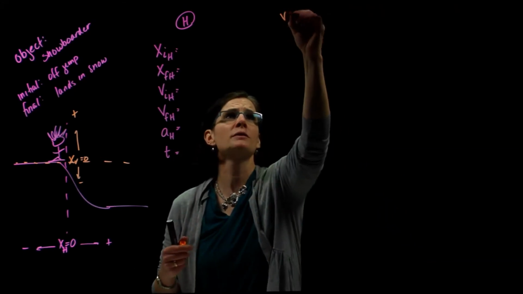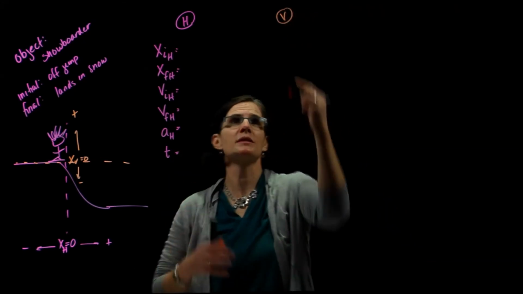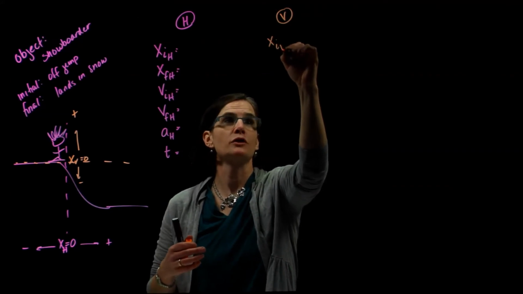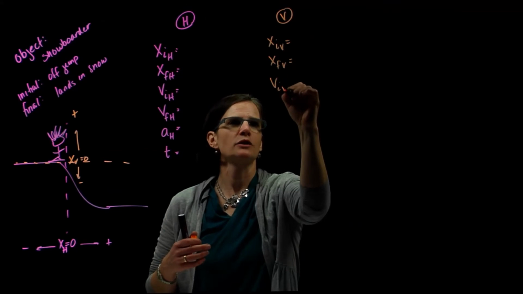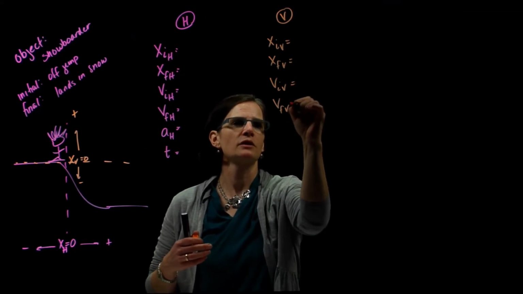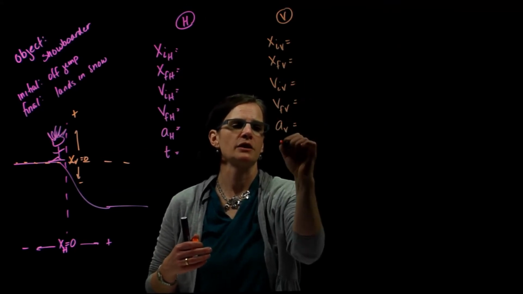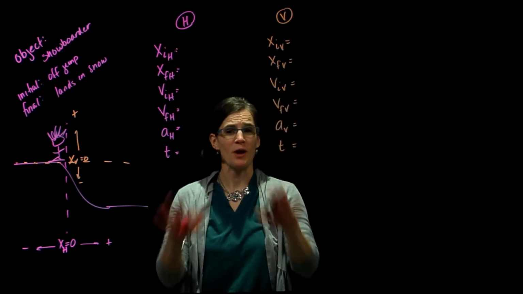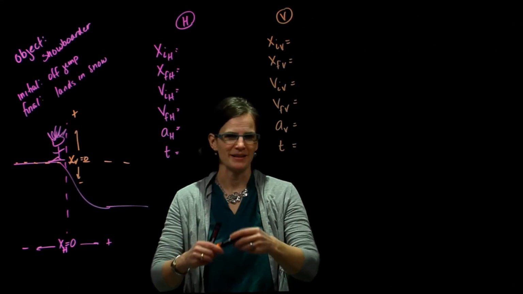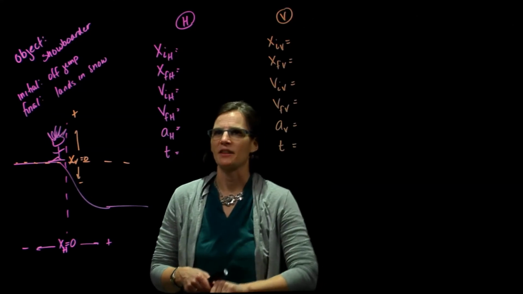In the vertical dimension, we'll have those same players. It's always the same players. So our initial vertical position, final vertical position, our initial vertical velocity, final vertical velocity, our vertical acceleration, and our time. All right, so again, I encourage you to pause, fill those lists in, and then make a double check, and we'll look at the list together.